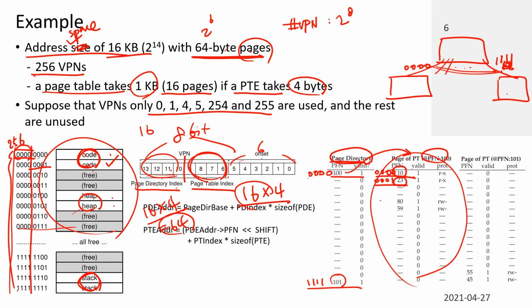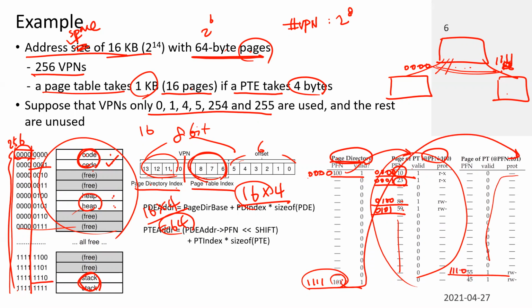And then this is the case for 0100, and this is 0101. These two correspond to these two, and the remaining are just unused, invalid pages. And going to frame 101 here, all entries are unused up to this point. This one corresponds to this one.